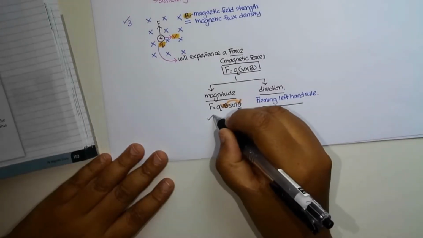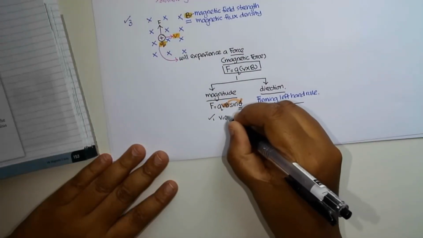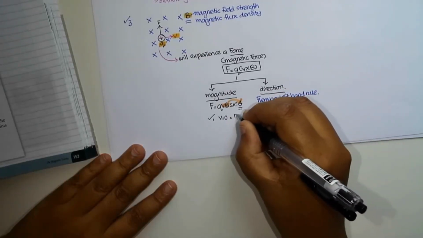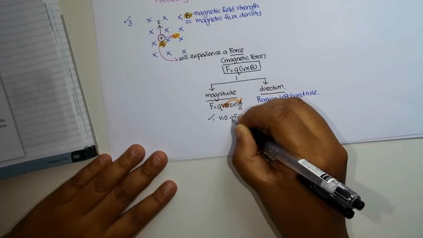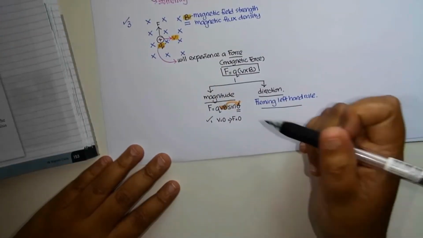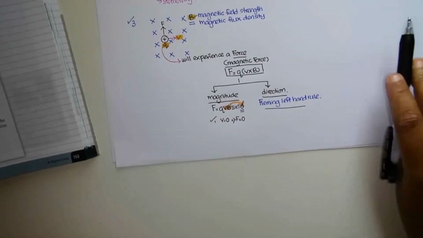Now let's look at this. Number one, when V is 0, F is 0, correct? By mathematics, if V is 0, definitely F also will become 0.